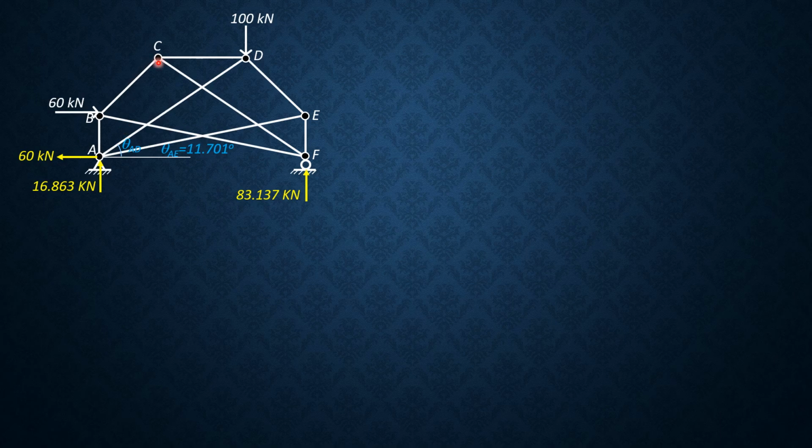For joint C, these are the forces and the angles. At C first, these are the forces involved. So we sum up forces vertical first, downward positive, so that we can express SBC in terms of SCF.